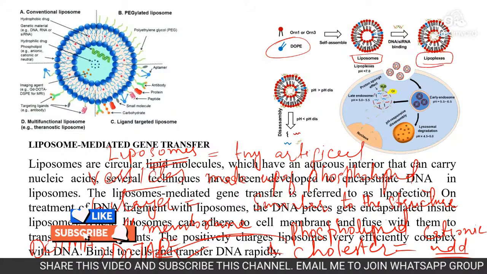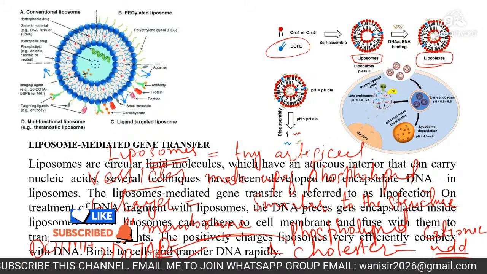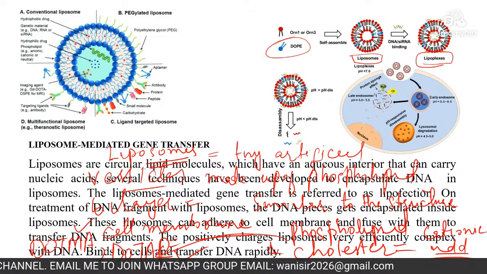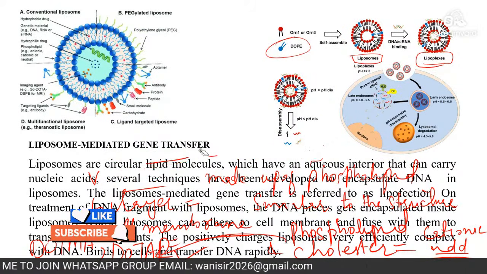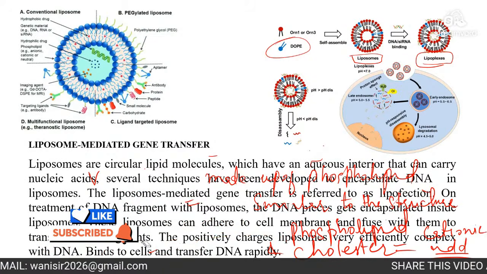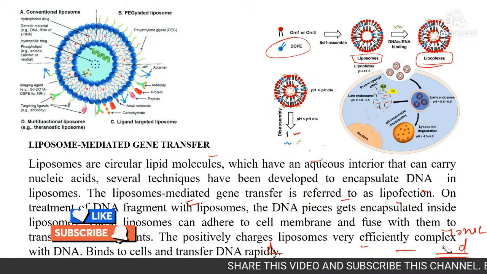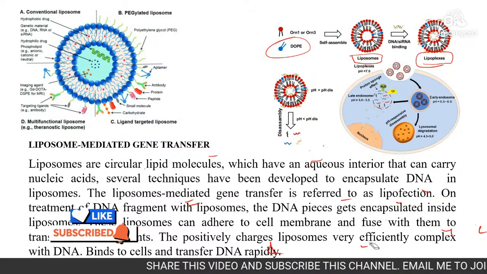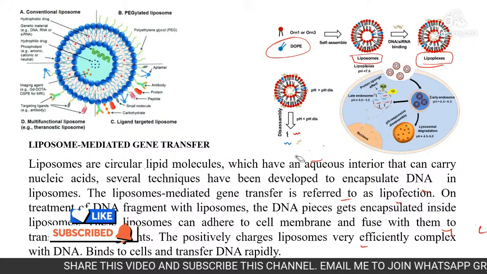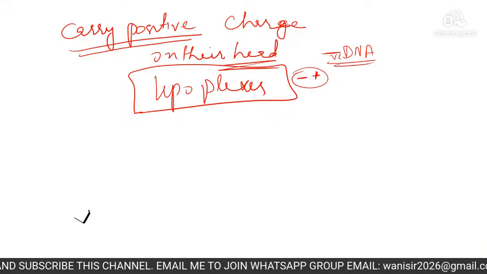These are mostly asked questions in examinations: what are lipoplexes? In interviews, people ask: do you know about liposomes? What are lipoplexes? And sometimes they ask about the purpose of binding these cationic phospholipids.